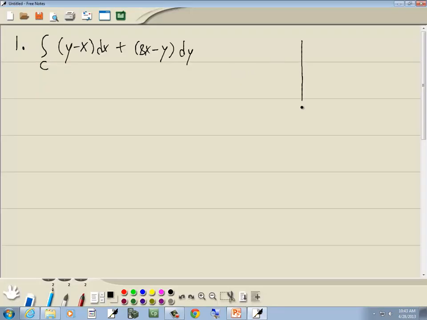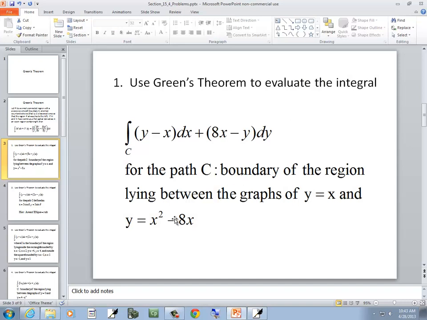Well, if I were to graph these, what I'm going to see is here is y is equal to x, goes up like that, and y is equal to x squared minus 8x.